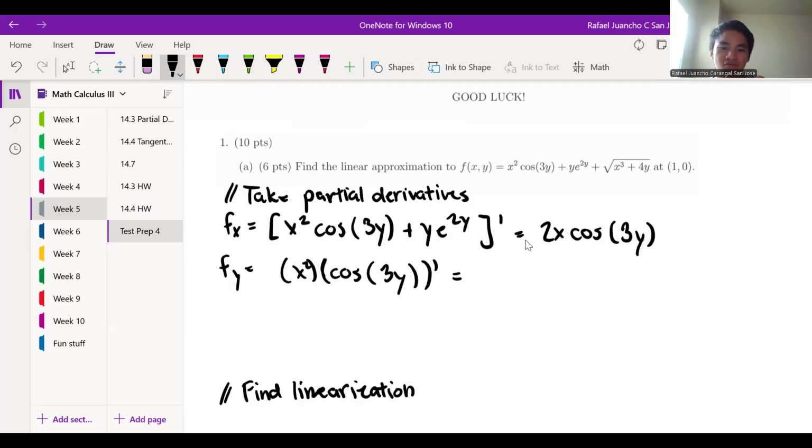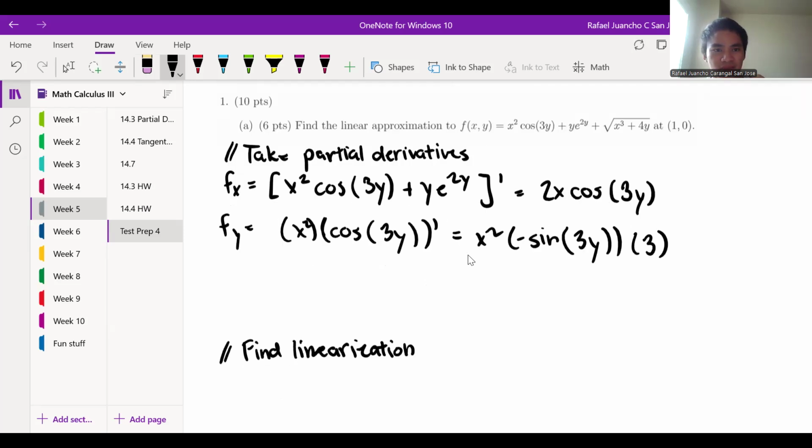And so here, this just gives me x squared. This one gives me negative sine of 3y. And then my chain rule, so that's times 3. And so I'm just left with negative 3x squared sine 3y. Done.